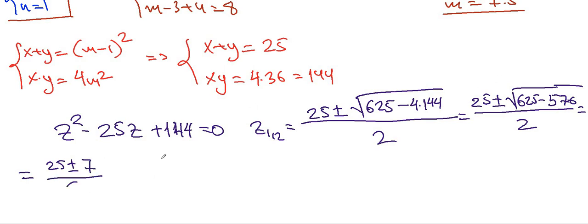So z1 is equal to, if we take the plus, then 16, and z2 is equal to, if we take the minus, then 9.